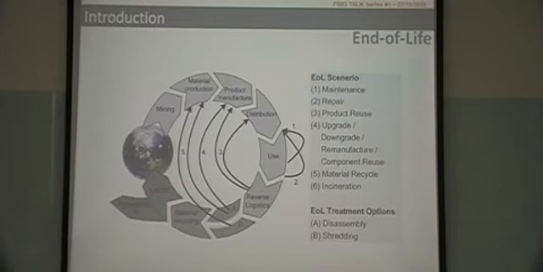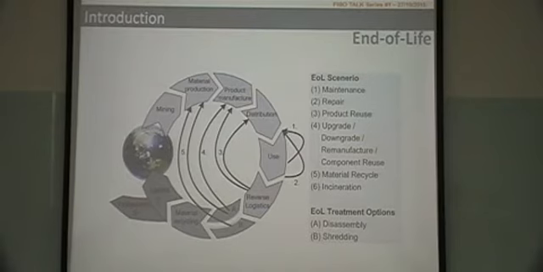But if you want to go to recycling or remanufacturing or reuse some components, what we need to do is separate all the parts of the products. Can you imagine your iPhone, for example? How many components are in your phone? Anyone guess?